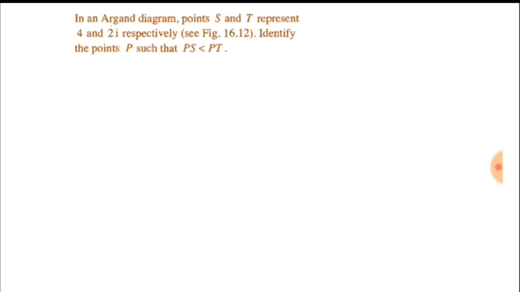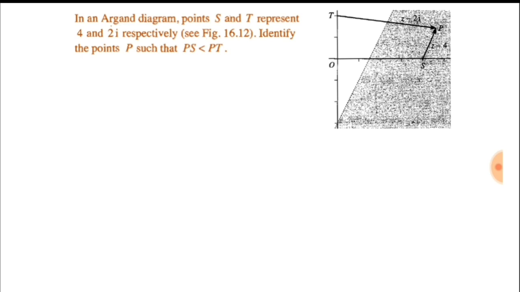In an Argand diagram, points s and t represent 4 and 2i respectively. Identify the points P such that PS is less than PT. So in the Argand diagram, S is the point at 4 on the real axis, and on the imaginary axis T is 2i. So we need to identify the points P such that PS is less than PT.